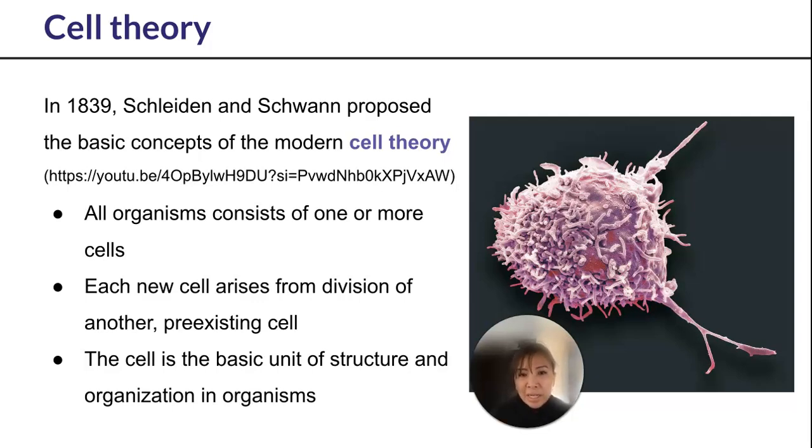So a pre-existing cell will divide and form two new cells. And as we mentioned before, the cell is the basic unit of life. It's what gives an organism life, right? These cells are the smallest units of life. And then for us, who are multicellular, we're made of many different cells.